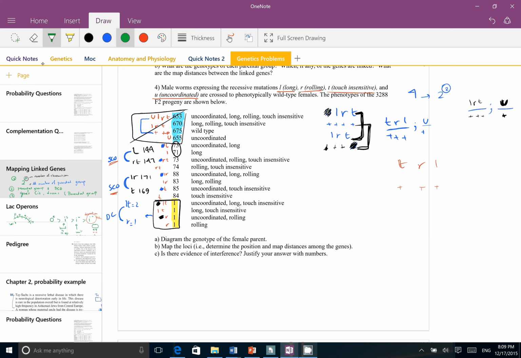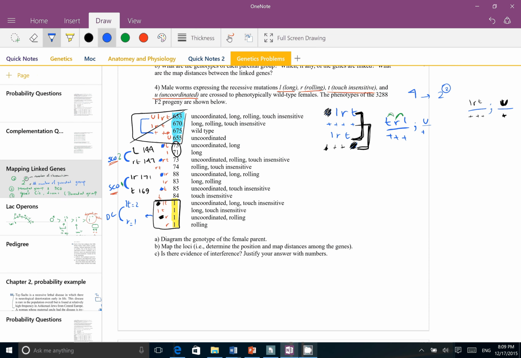So when T is the only one that crosses over, I'll have T on its own, and I'll have R and L together, which is here. So this is gonna give me the first crossover that will give me the distance between T and R. Okay, and then if I have L, the one crossing over, I will have L on its own, and then I'll have T and R together. So I know that this is my second crossover that will give me the distance between R and L. Okay, perfect.